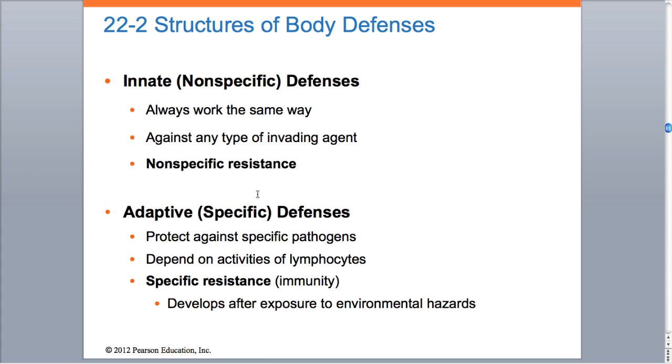So this slide right here indicates non-specific. Notice it goes against any type of invading agent. It does not matter what it is. It's not going after a specific antigen. The only ones that go after a specific antigen are the ones down here wherever we say immunity.